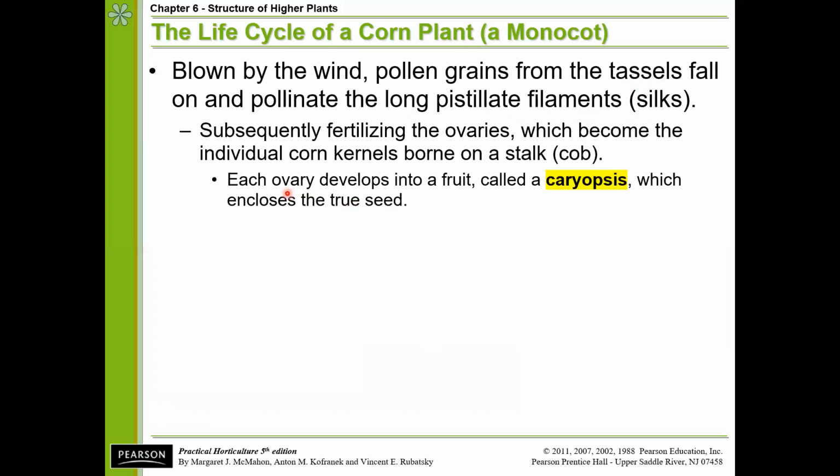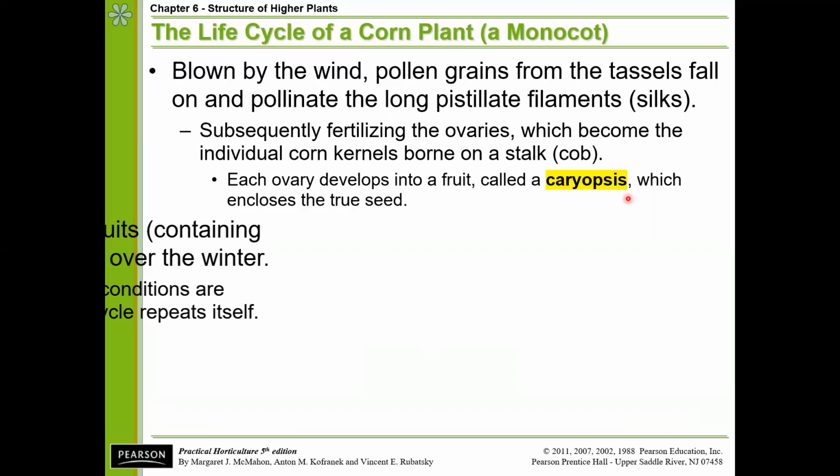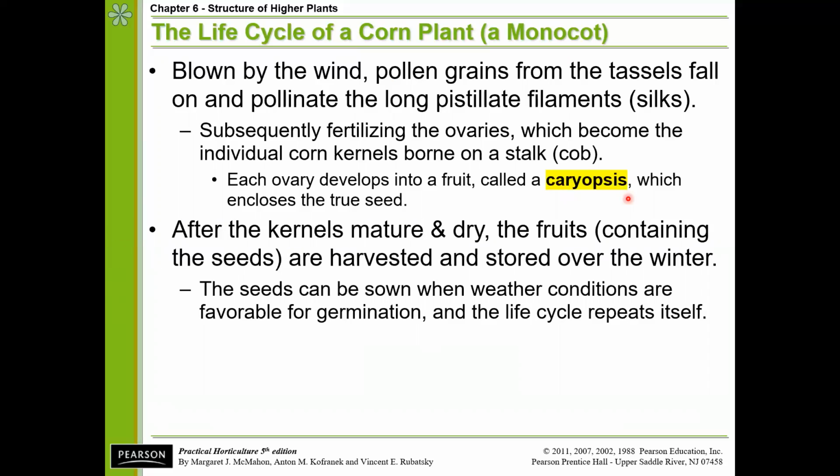Each of those individual ovules has an ovary in it that develops into a fruit. And in the grains, the fruits are called a caryopsis, and that's the true seed. Then those kernels mature and dry, and they're harvested, and we store them over the winter, and we plant them again in the warm season.